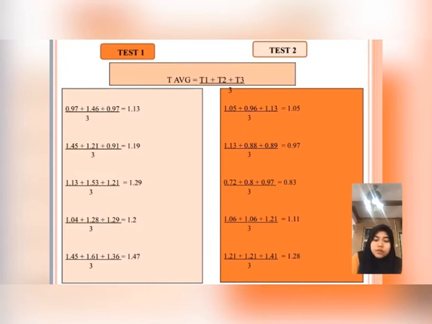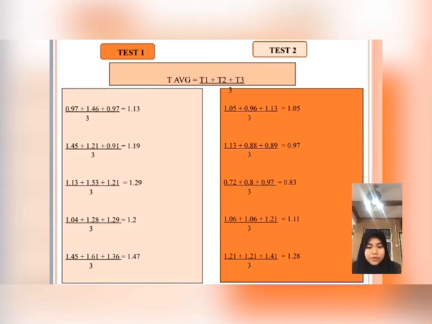Time average for test 2 is still use the same formula. So 1.05 plus 0.96 plus 1.13 divide 3, the equal 1.05. Next, 1.13 plus 0.88 plus 0.89 divide 3, so the equal is 0.97.